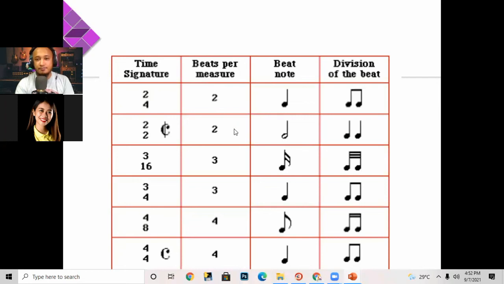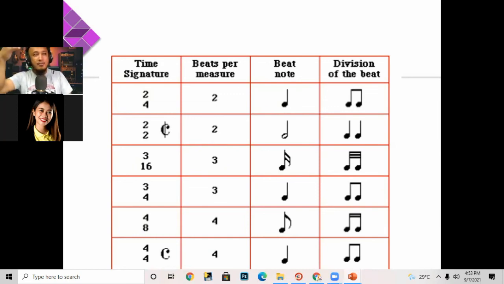O ito, 2/4. 2 bits per measure. Quarter note receives 1 bit. And if you divide the quarter note, dalawang 8th note. 8th note plus 8th note plus quarter note. 1 bit, 1 half, 1 half. Next, you have here 2/2. Guys, binabasa ko siya ng 2/4, not 2 fourths, not 2 half, or 3/16.